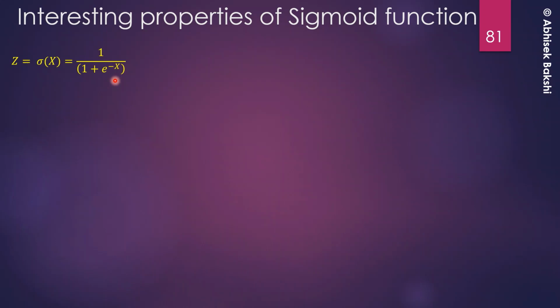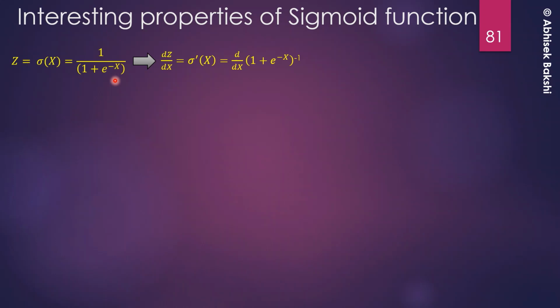Now the interesting fact is that if you try to find a derivative of this function, that means derivative of z with respect to x. With respect to x means with respect to the input, because we always find the derivative with respect to input, right? We have also seen in previous cases like linear regression that we are actually finding derivative of error with respect to the inputs.